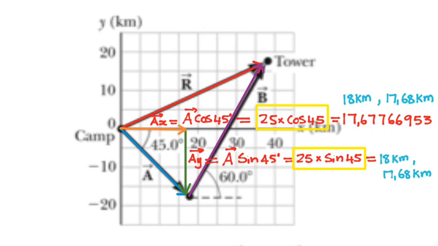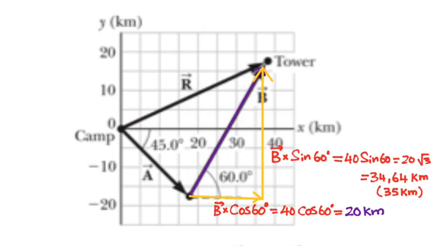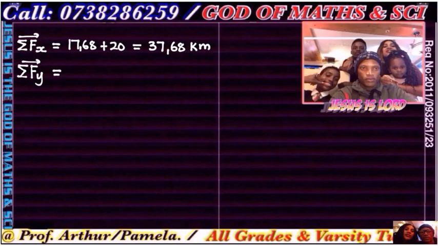I'm going to take up as positive, meaning I'm going to take the 34,64 minus the other one, which was 17,68, because they are pointing in two different directions.